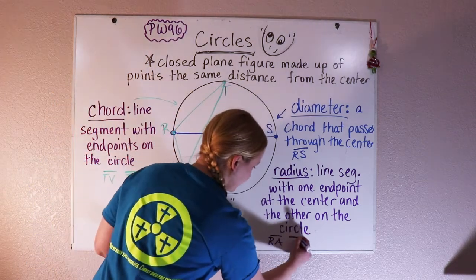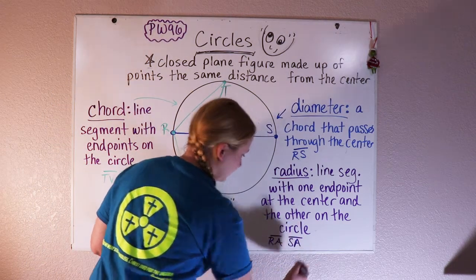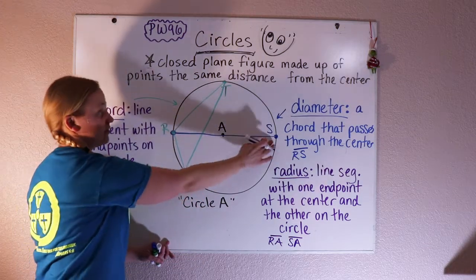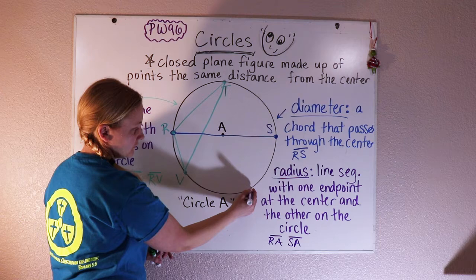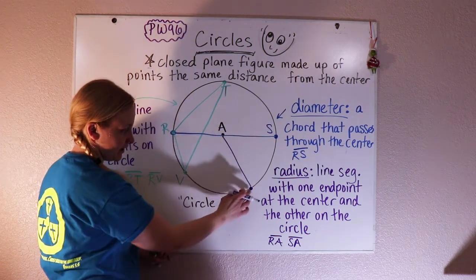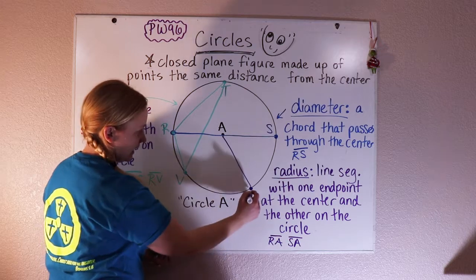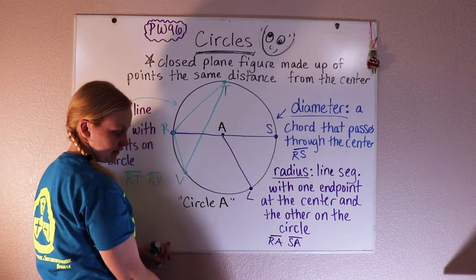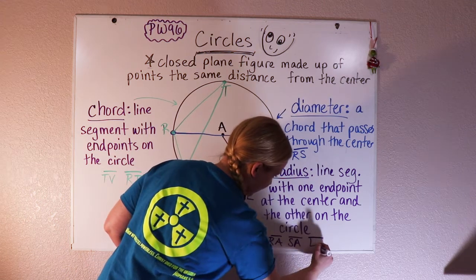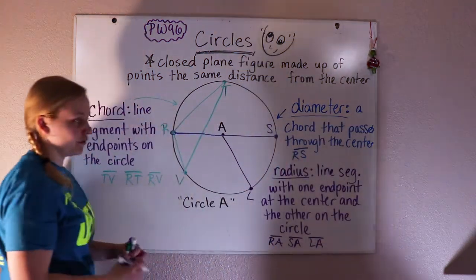And SA is a radius because they go from the end of the circle to the center. We can just draw another one. Hi Leo, what letter should we call this? Should we call it L? Point L? Okay. Now orange. Point L, line segment LA is also a radius.